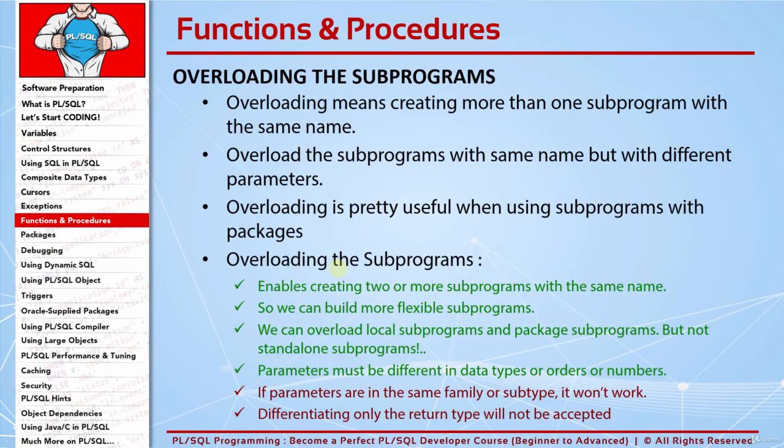If there are more than one, it differentiates them by looking at the data types, finds the related subprogram, and runs it. If it cannot find it in there, it checks the other one. If not, checks other one too. This goes on like that. When it finds the suitable one, it is executed. Great. Now we know why we overload the subprograms. So let's open up the SQL developer and start making examples.